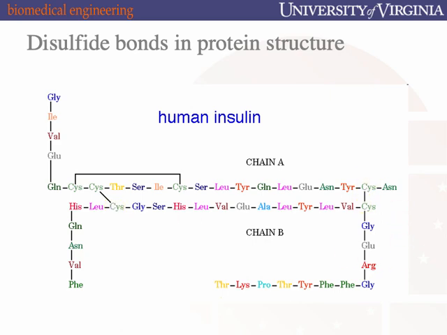For a time, I'll gloss over where these chains and things come from. Suffice to say that they're just different pieces of the insulin protein that get matured as a result of its bioactivation.